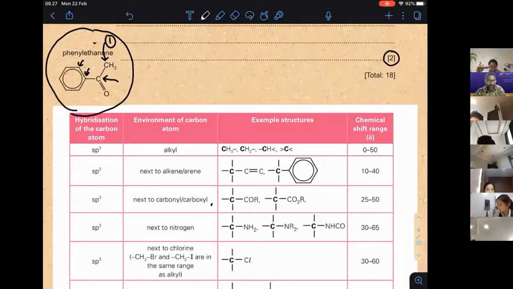There will be a shift for 25 to 50. Why is that? Let me share the screen again.